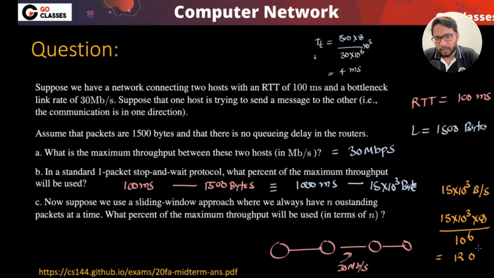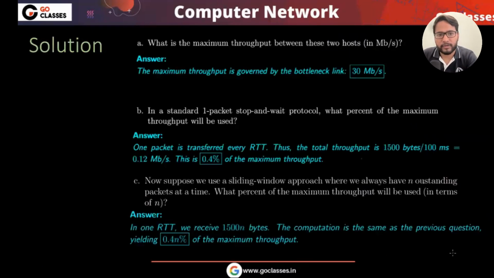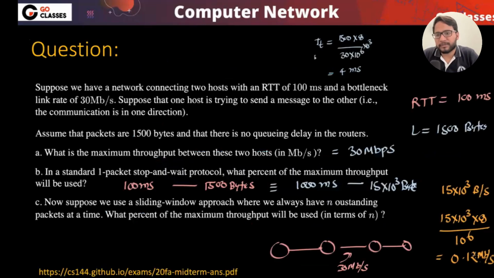Is there something wrong that we have done? In 100 milliseconds, you are sending 1500 bytes, so this will be 0.12 megabits per second. Let's see what is given here. Yes, 0.12 megabits per second that you are getting.